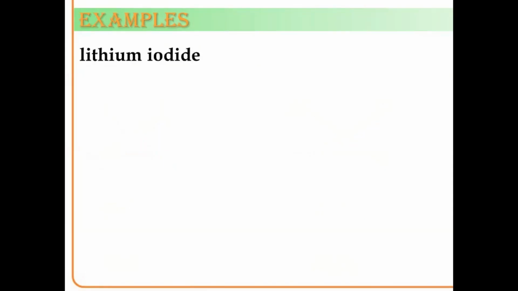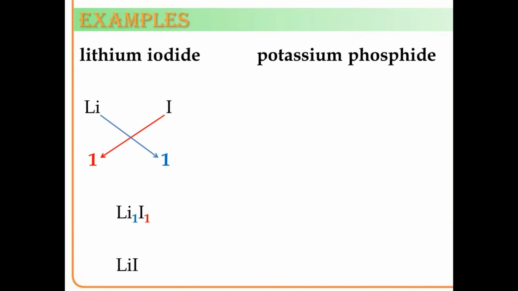Few more examples for you. Lithium iodide. So lithium iodide, put down the symbols as before. Li and I, valencies are 1 for both. And then I crisscross, write down my formula, Li1 and I1. 1 and 1 disappears, and then my formula is simply going to be LiI.